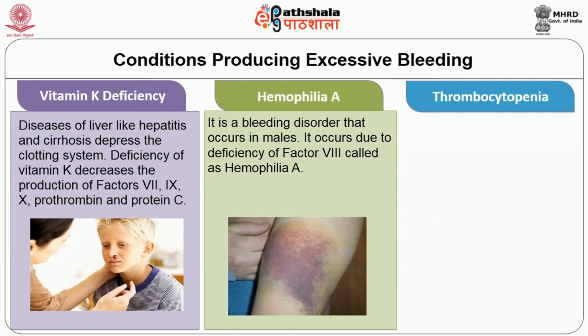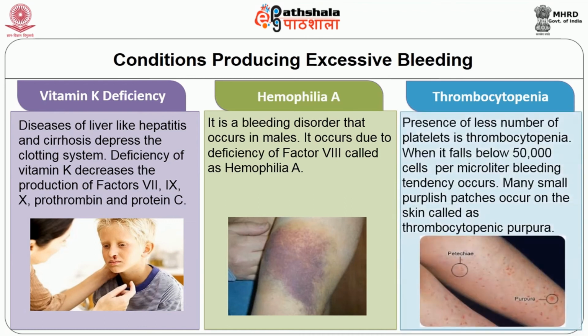If one of the X chromosomes in a woman is deficient, she will become a hemophilic carrier, transmitting the disease to half of her male children and the carrier state to half of her female children. In these children, bleeding usually occurs after any trauma. When there is bleeding, the patient is treated by injecting factor 8.